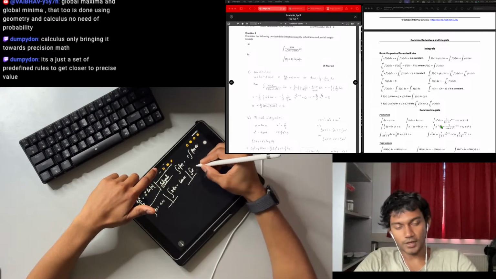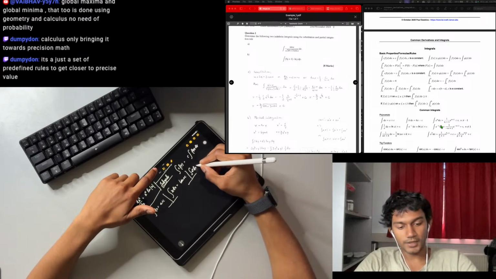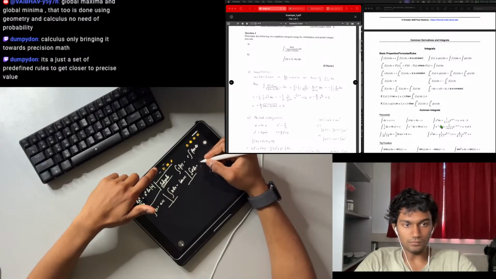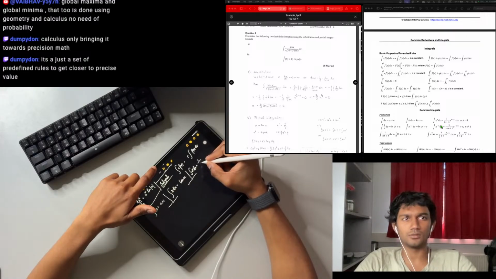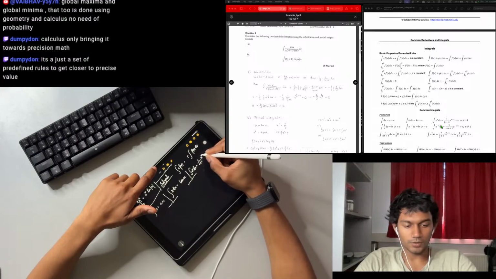Integral x raised to n d of x equals, it's just a set of predefined rules to get to a precise value. Integral of x raised to n is 1 by n plus 1, x raised to n plus 1, plus c.